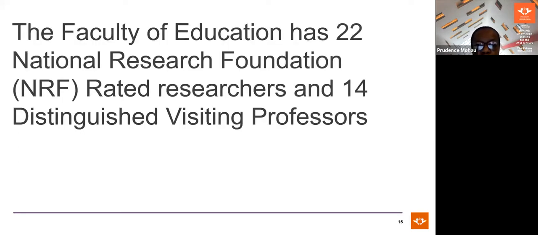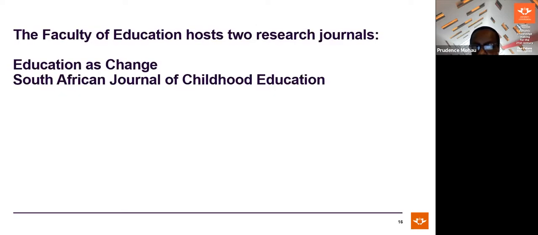Our faculty boasts 22 National Research Foundation rated researchers and 14 distinguished visiting professors from across the globe. The Faculty of Education hosts 2 research journals, namely Education as Change and the South African Journal of Childhood Education.